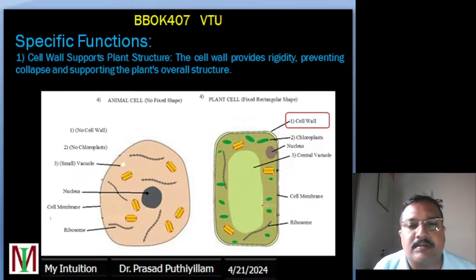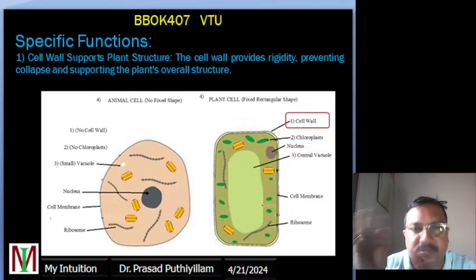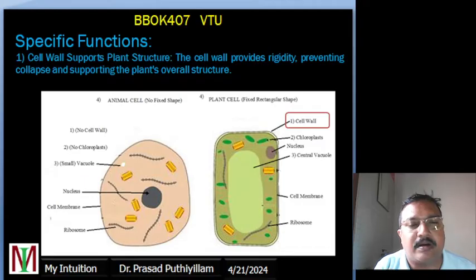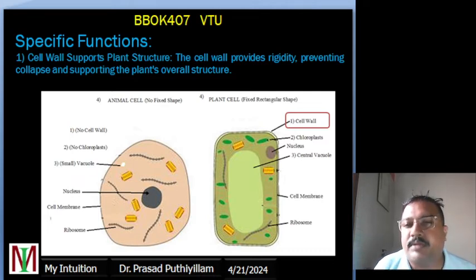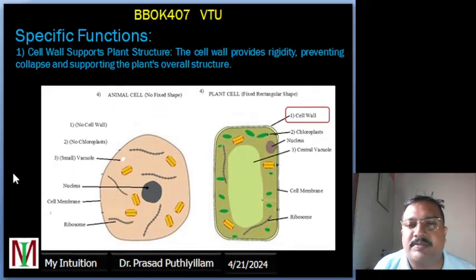Imagine a balloon filled with water, it will bulge. The plant cell should not bulge, therefore the cell wall protects it. It's like a very tight rubber skin, keeping its shape and allowing it to plump. So that is the specific function of the cell wall.